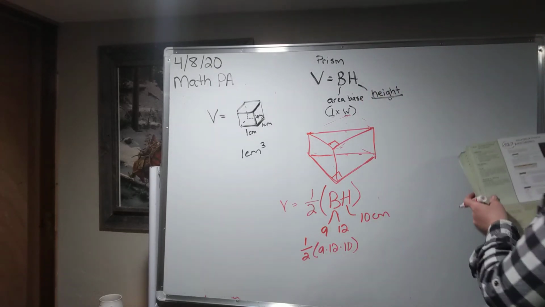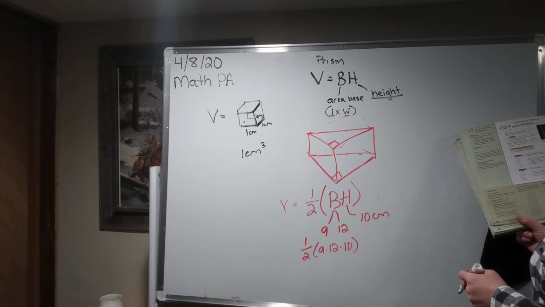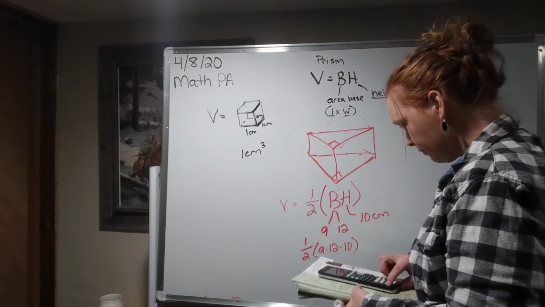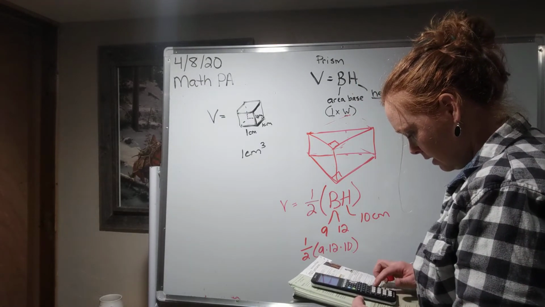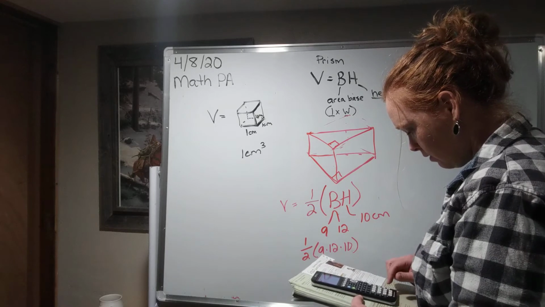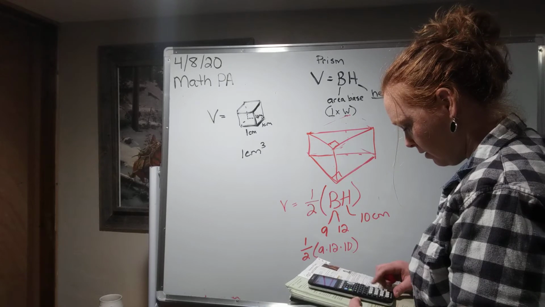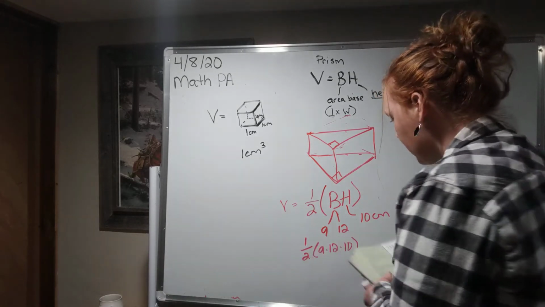Okay, so when I do that, they did it a little bit different, so I'm going to put it in my calculator really quick. 9 times 12 times 10. I may have made a mistake. I just thought about divided by 2. Let's see. 540. Oh, nope, I did it right.